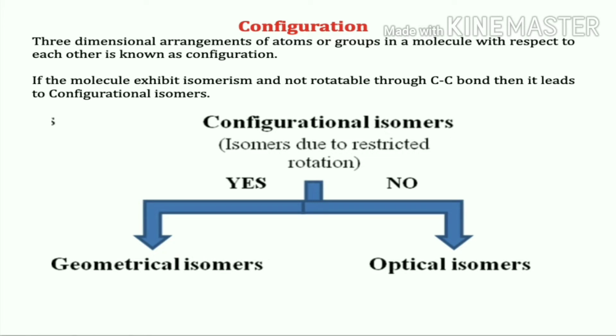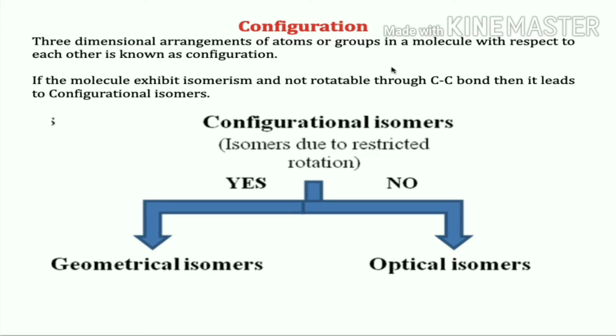So first, what is configuration? Configuration is the three-dimensional arrangement of atoms or groups in a molecule with respect to each other. If a molecule exhibits isomerism and is not rotatable through the C-C bond, then it leads to configurational isomers.